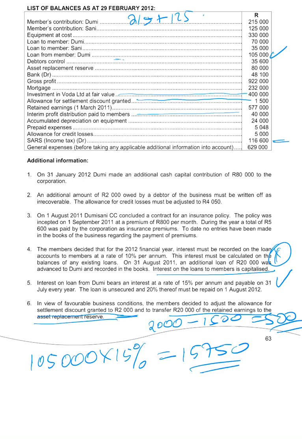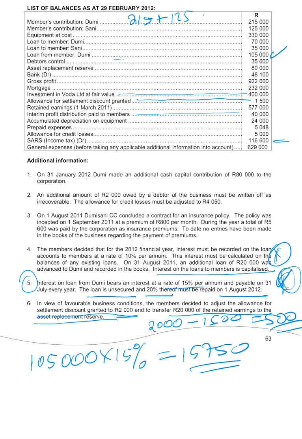it's not number 4, yes, it's point number 4. The members decided that for 2012 financial year, and no, this is loan to members. Okay, it's point number 5. Interest on loan from Dumisani bears an interest of 15%. We have done that. Then the loan is unsecured and 20% thereof must be paid on 1 August 2012.